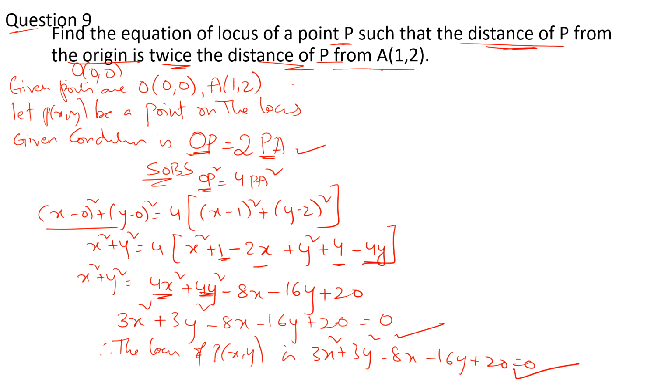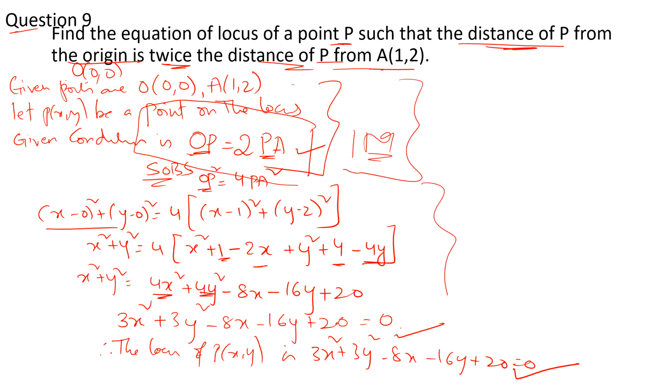So don't forget to write the condition like this, because if you write up to here, you will get 1 mark. If you solve this, then you will get 2 marks, and for the final equation you will get 1 mark.